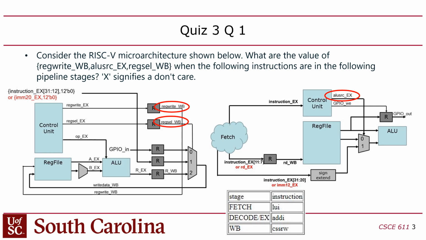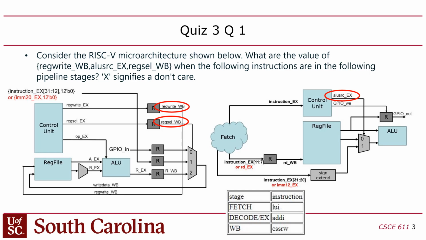If you're using CSRRW to read the switches, then you can have it not write a register. But the actual RISC-V instruction, if you look at the definition of what it does, is supposed to always be writing to a register, even if that register is 0. And of course, in which case it just throws away the value it wrote. Okay?